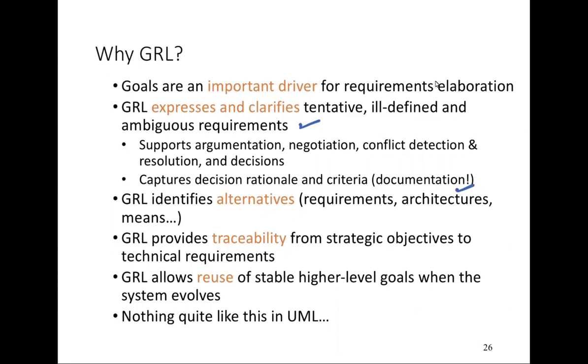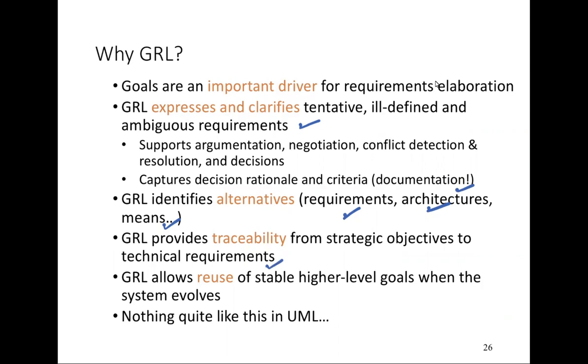GRL identifies not only the actors in the goal, the entire goal hierarchy, but also identifies alternatives. Those alternatives could be requirements or architectures or other means. The GRL language provides traceability from the strategic objective to the technical requirements.